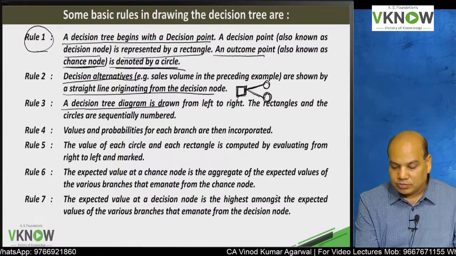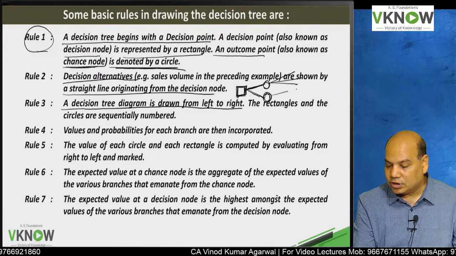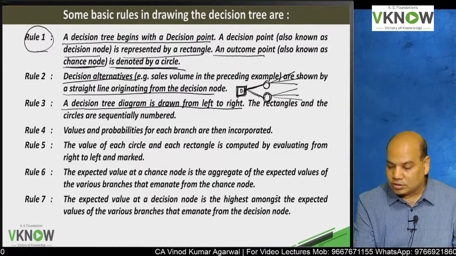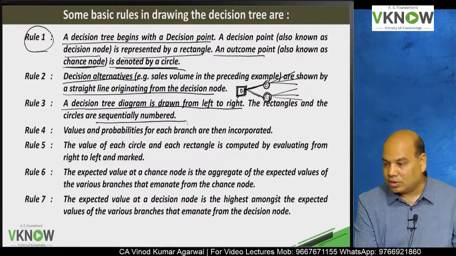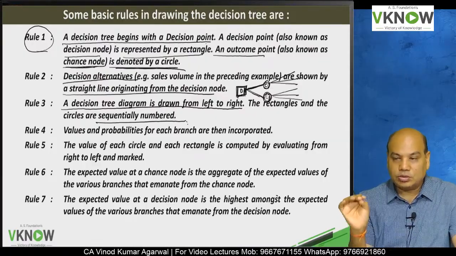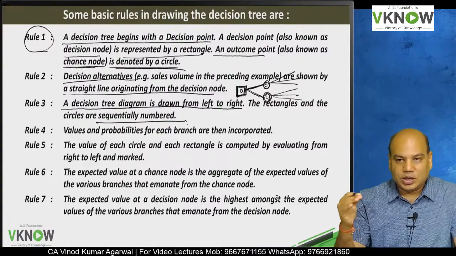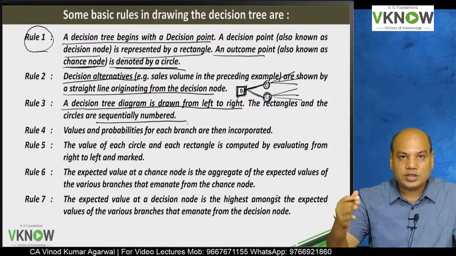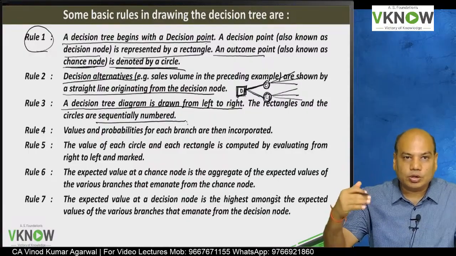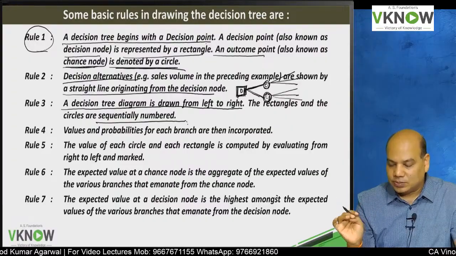Rule number 3, a decision tree will be drawn from left to right, and decision box and chance node are sequentially numbered so that it is easy to identify which decision node or which chance node we are talking about, because in a bigger problem there can be 3 or 4 decision box, there can be 3 or 4 chance node, so it is better to number them sequentially.